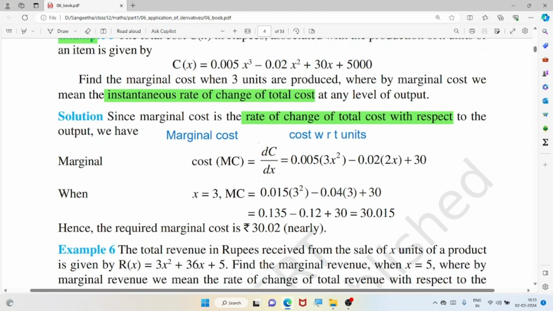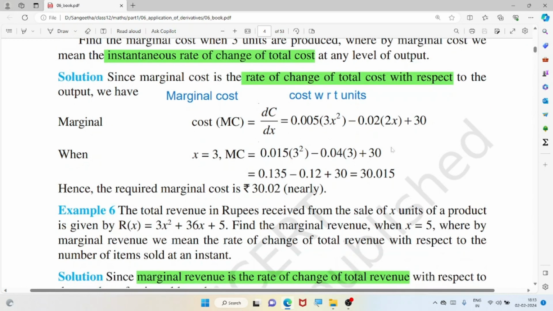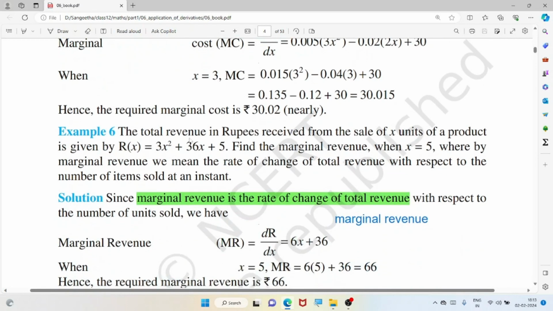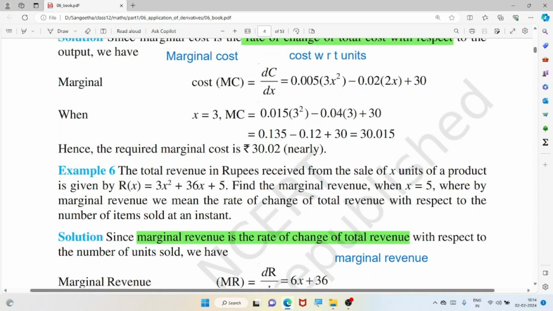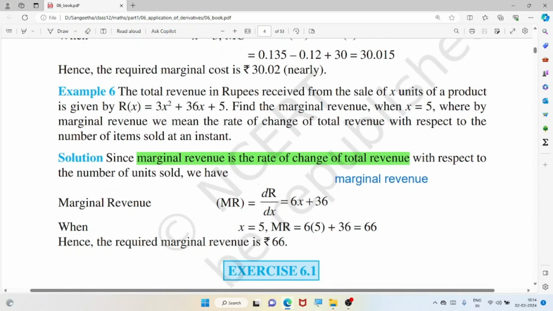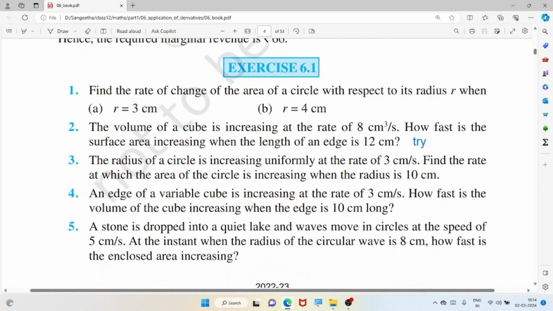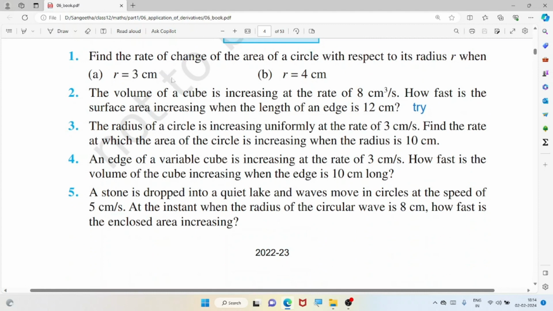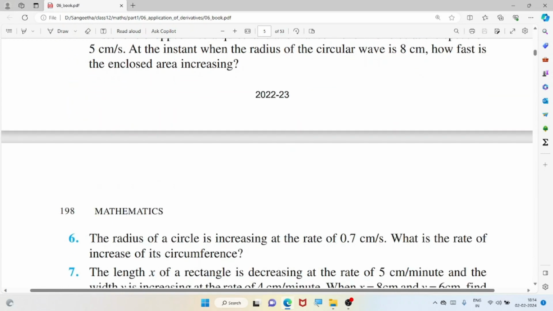So here you are directly differentiating with respect to x, so no need to add dx by dt at the end. Here we are differentiating cost with respect to units directly. This is the marginal cost, this is marginal revenue. Similar thing, after integration you substitute. Here, at least try these problems, try to do most of them, at least try this.